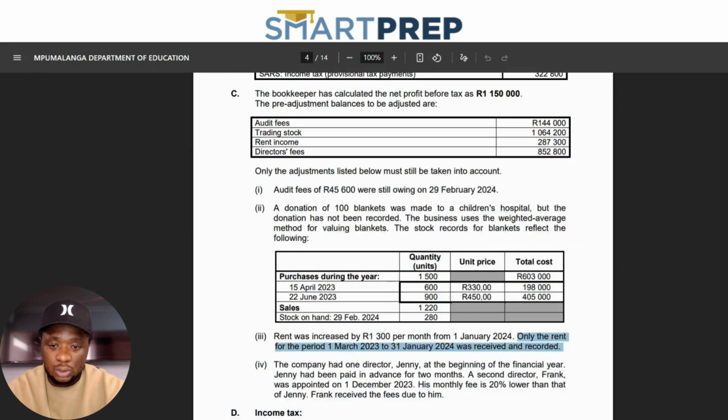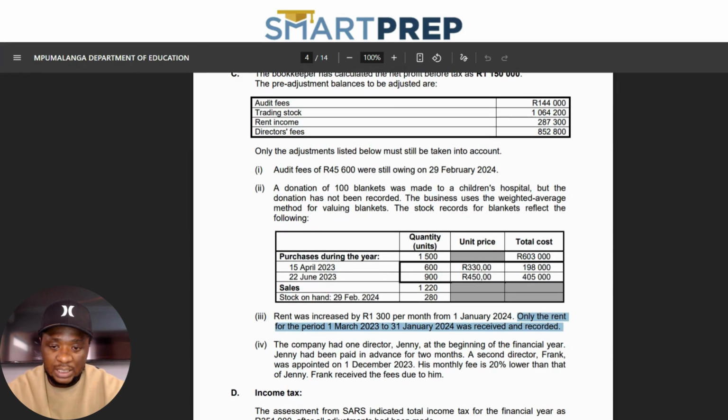And then let's look for more information. Maybe it says here that the company had one director, Jenny. At the beginning of the financial year, Jenny had been paid in advance for 2 months. A second director, Frank, was appointed on 1 December 2023. His monthly fee is 20% lower than that of Jenny.